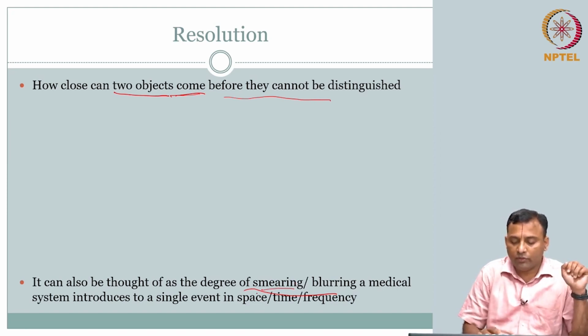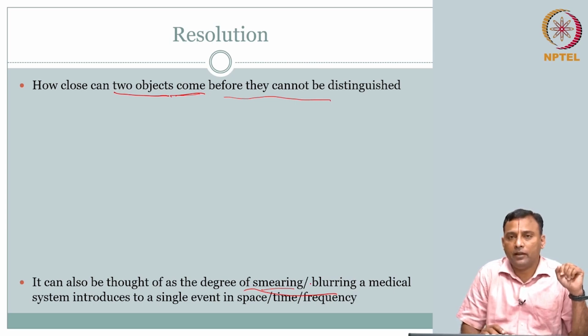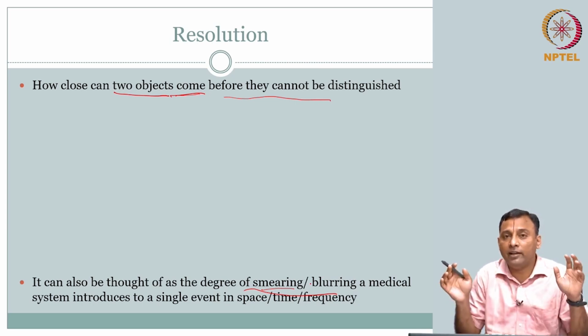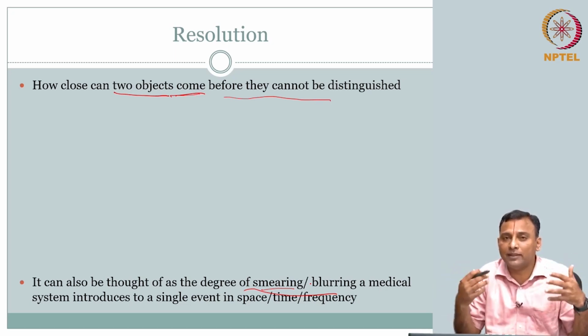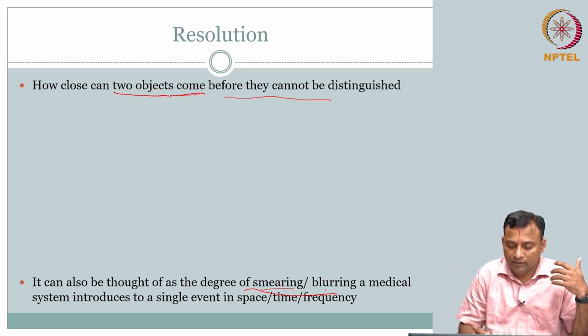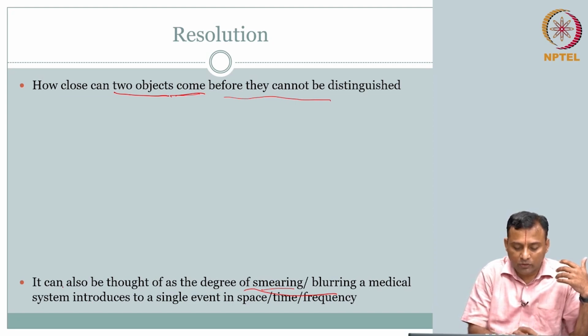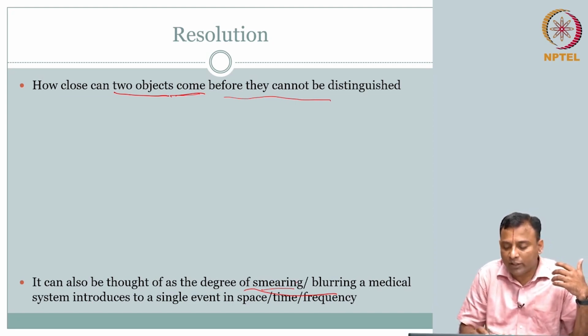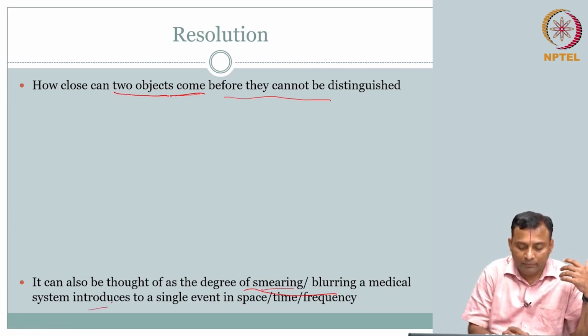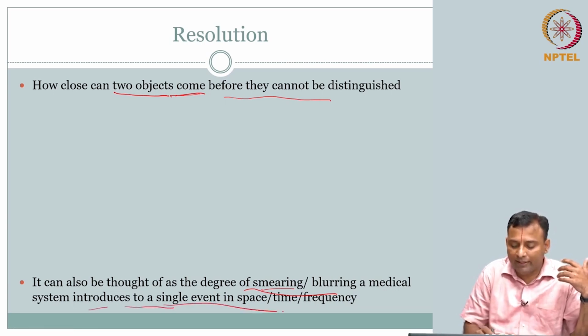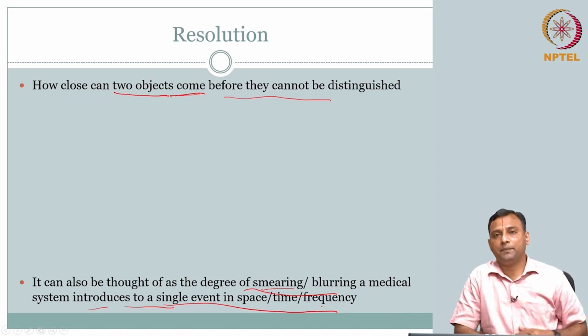So it can be thought of also as the degree of smearing or blurring a system introduces in a single event in space, time or frequency.